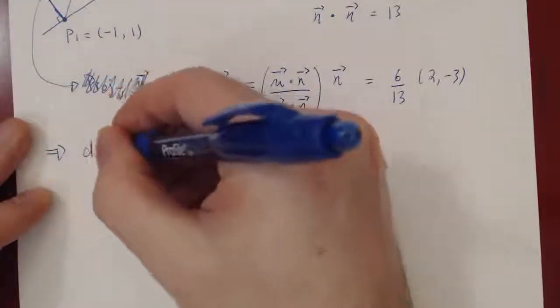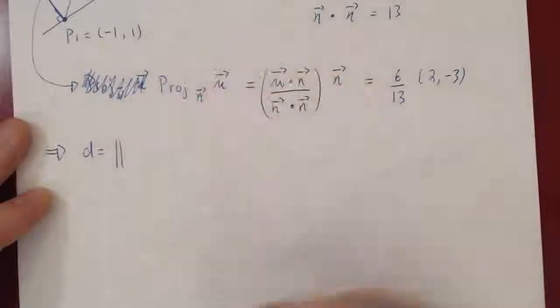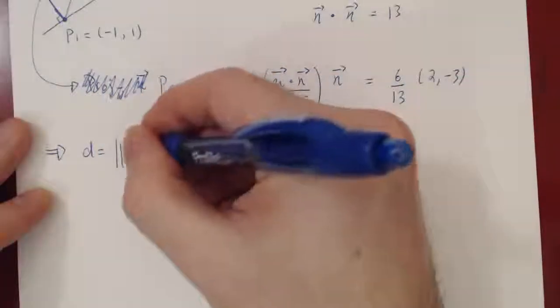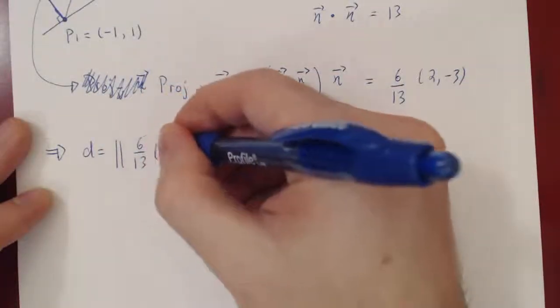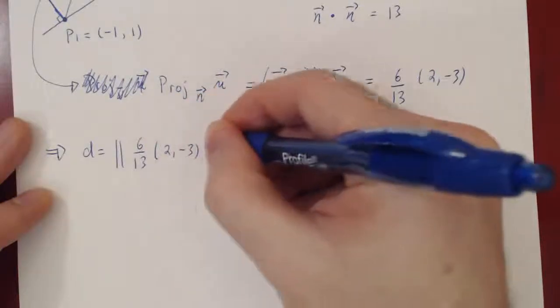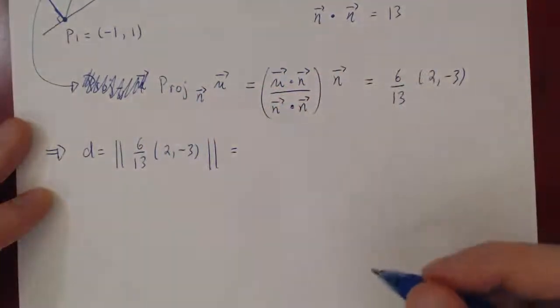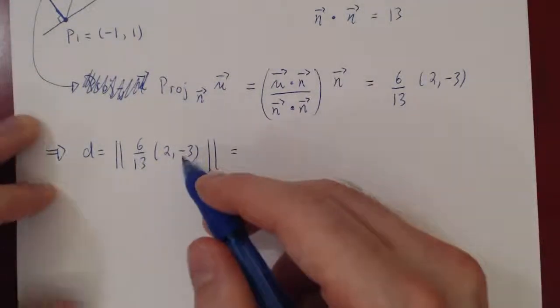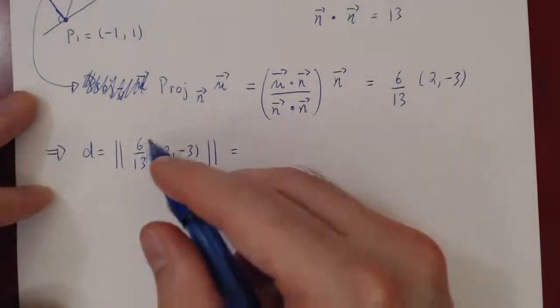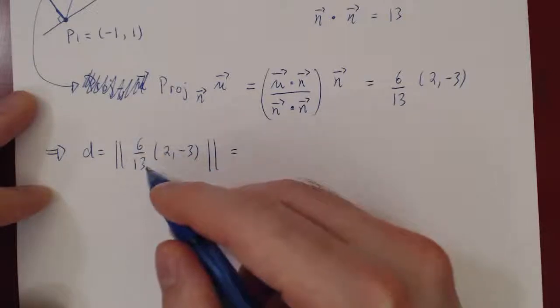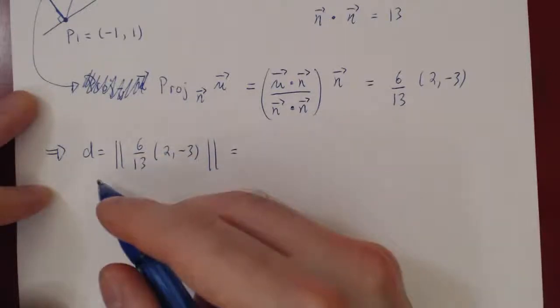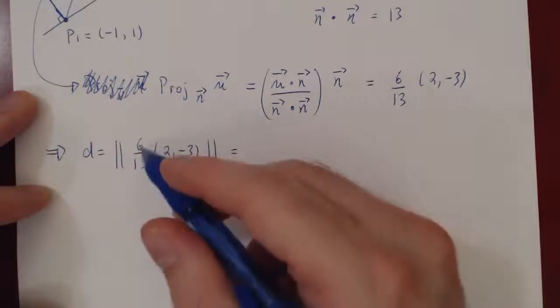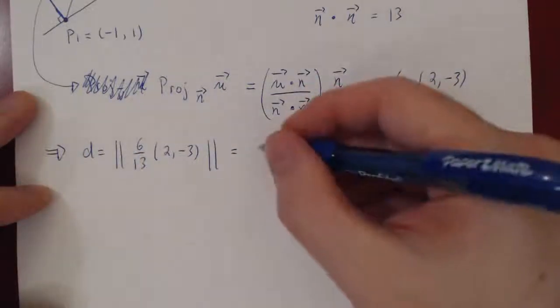The distance is therefore the norm of 6 over 13 times the vector (2, negative 3). Now here, be smart about this. Don't multiply the two coordinates by 6 over 13, then use Pythagoras' theorem. You can pull constant multiples out of the norm and put them in absolute value, but this is already positive, so no need for an absolute value.